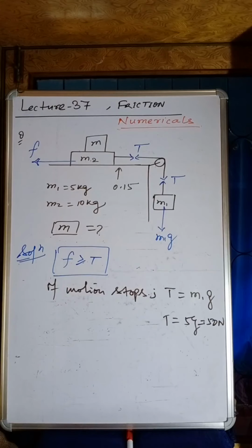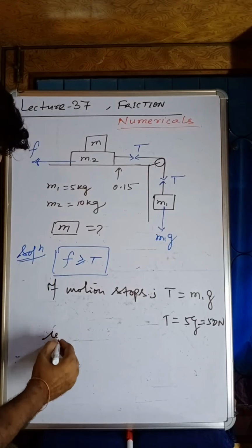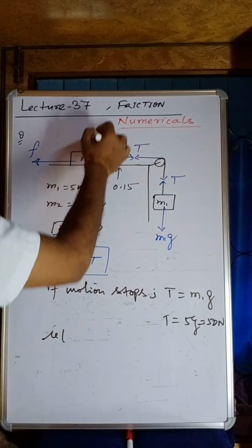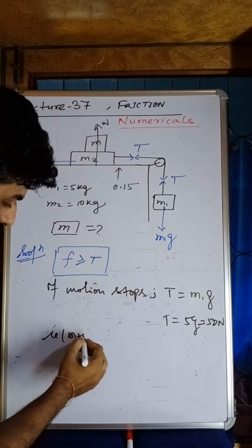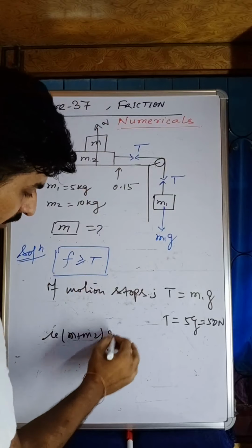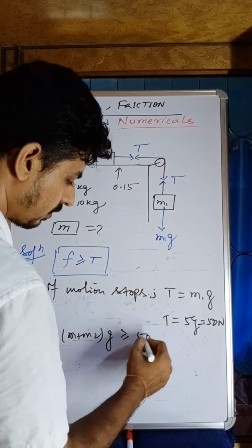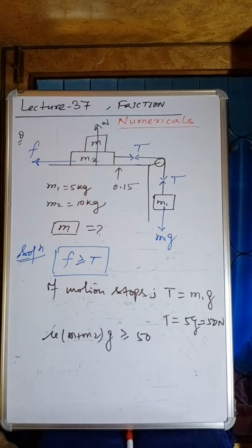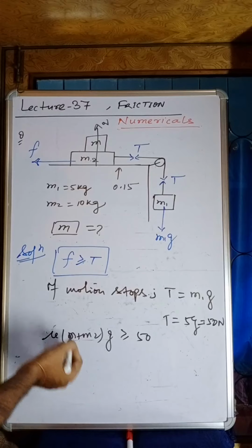Now, my dear students, to stop the motion, the friction F, which is mu times the normal, which will be (M plus M2) g, should be greater than or equal to how much? 50 Newton. Now, all the values you have: mu, M2 and g. You have to find M.